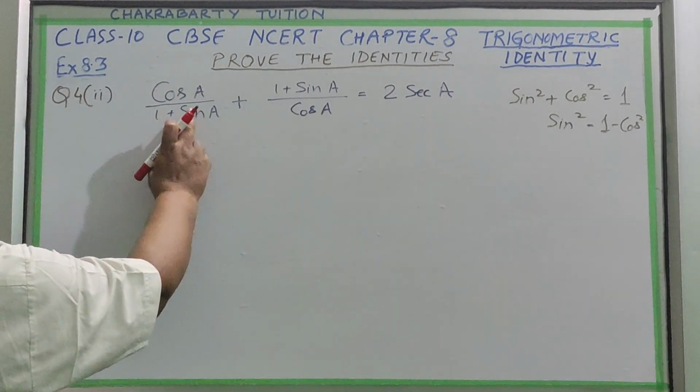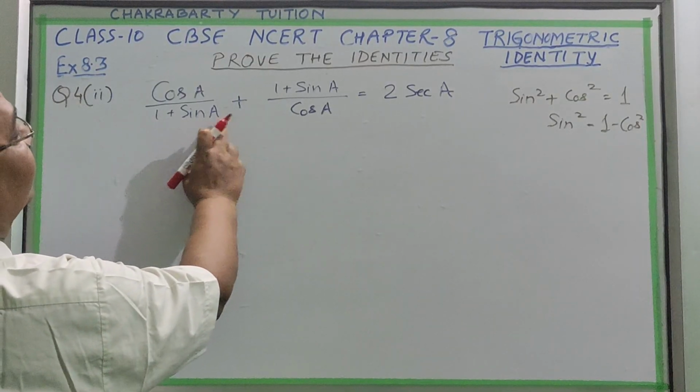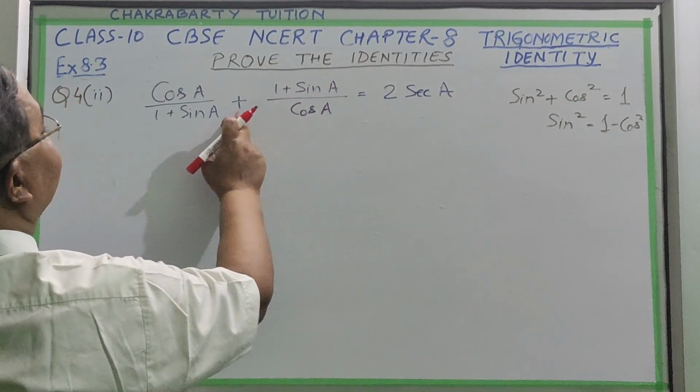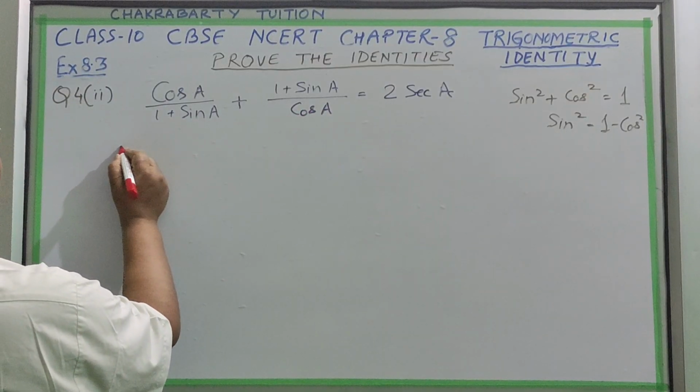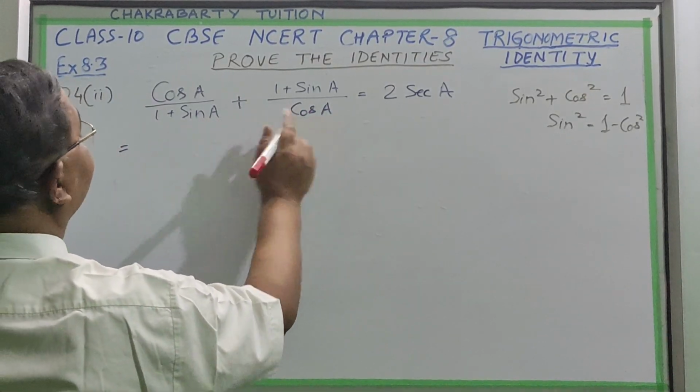Question 2 is cos A upon 1 plus sin A, plus 1 plus sin A upon cos A. So what can we start with? We will start with the LCM of this.